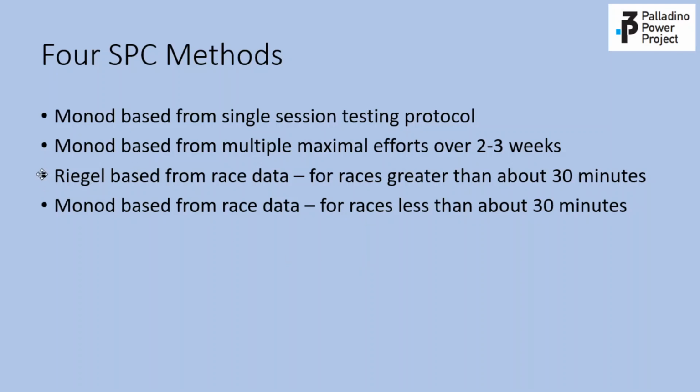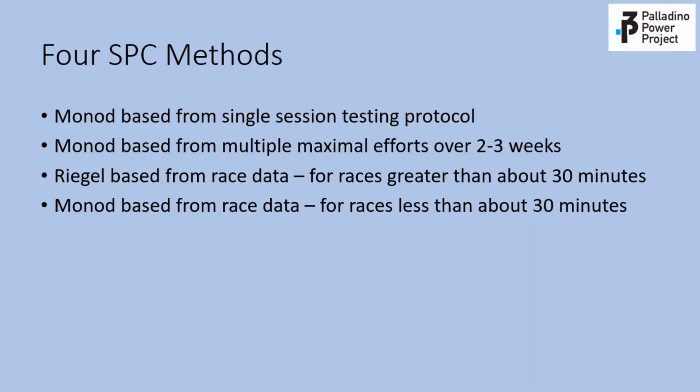Then we have the race data analytic calculator for estimating FTP from race data, and that calculator is a Riegel model based calculator, and it's better for races that are 30 minutes or above for estimating FTP from those races.